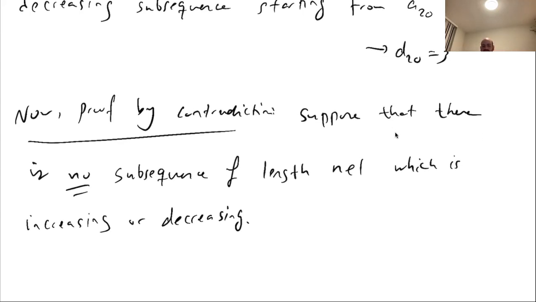Then what can I say? If there is no subsequence of length n plus 1 which is increasing or decreasing, that means for every Ai that I consider, the length of the longest subsequence starting from that will be less than or equal to n.